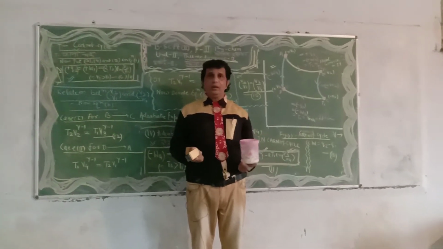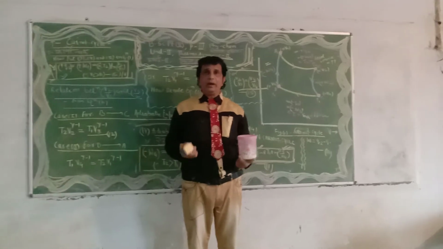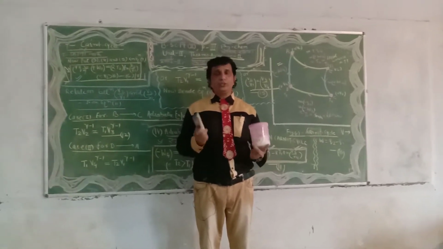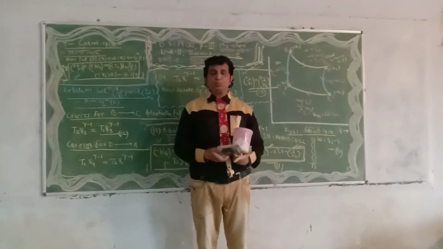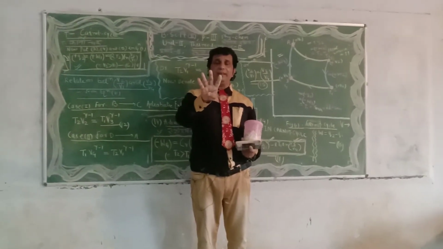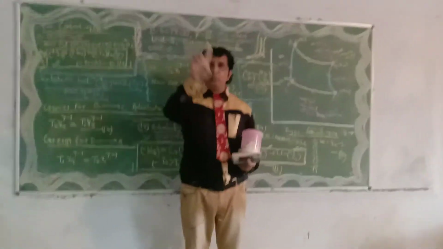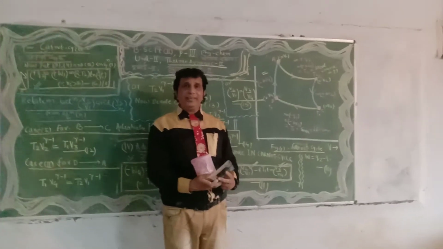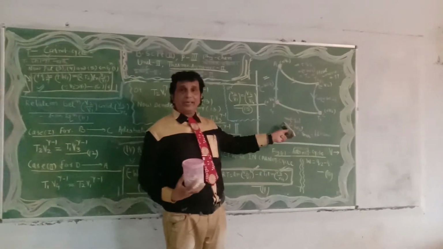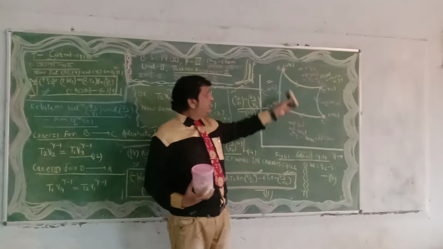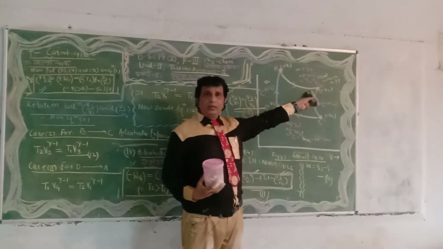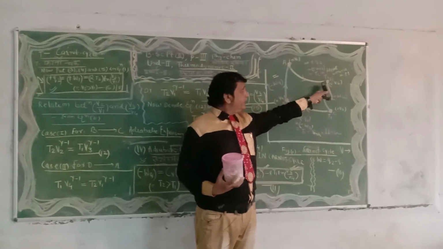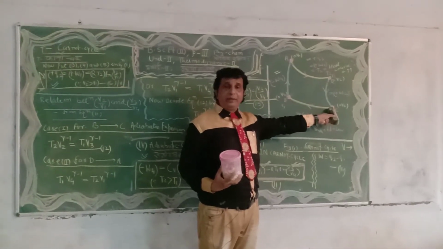First of all, once again, I would like to repeat that the Carnot cycle, today's lecture, is formed by 4 necessary steps. I am drawing a complete Carnot cycle on the blackboard, in which A to B is known as isothermal expansion, step B to C is known as adiabatic expansion.